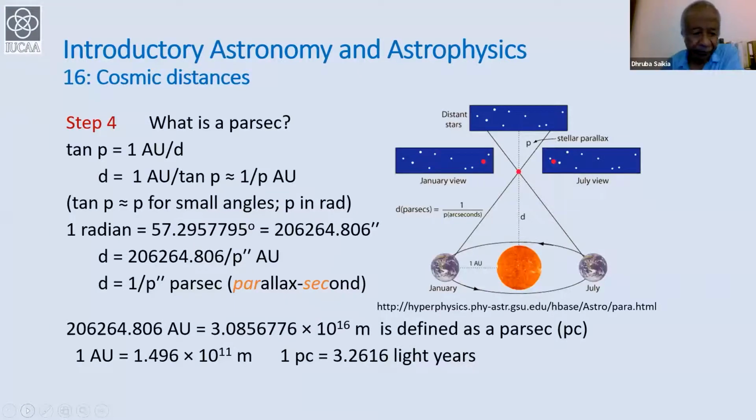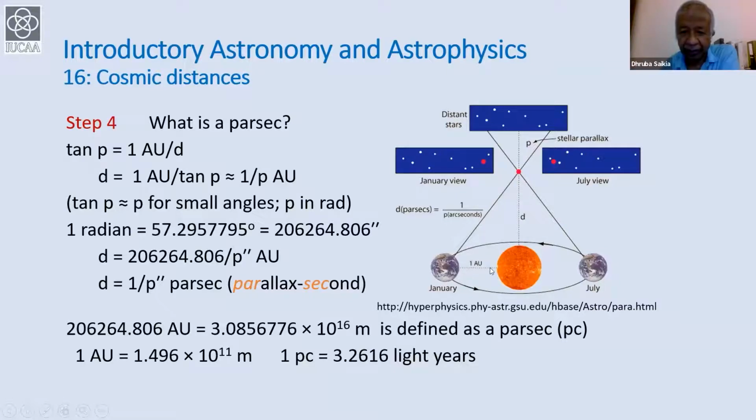Just a quick revision and a recap. Most of you may be familiar with this, but just for completeness, a parsec: as we go further away, we can observe parallaxes of more distant objects by modern, more accurate measurements, particularly from satellites.